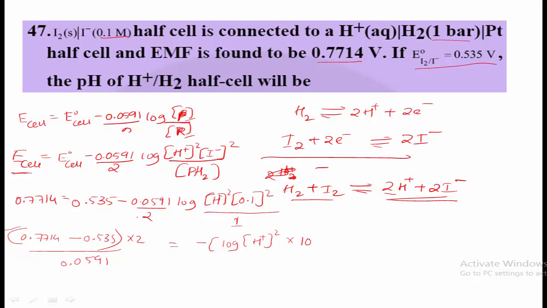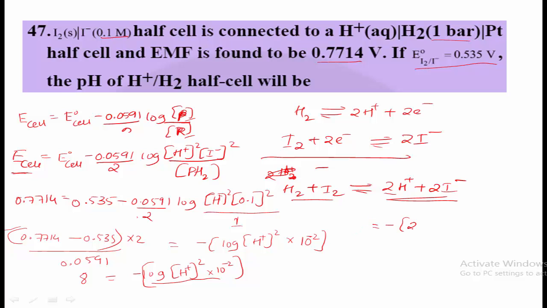I will write it as 10 raised to minus 2, because 0.1 into 0.1 is 0.01, that is nothing but 10 raised to minus 2. Now again solve this. Upon solving you will get 8 here, and here minus log of H plus square into 10 raised to minus 2, taking the minus sign outside. This is in the form of log m into n. Therefore what does it become?